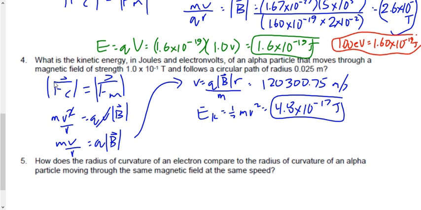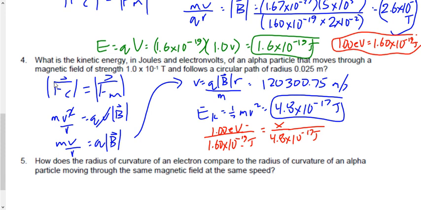So here's what I do. When I see a new conversion that I've never done before, I just set it up as a little bit of a ratio. On my data sheet, it tells me 1 electron volt is the same as 1.6 times 10 to the minus 19 joules. Just set it up as a fraction. This equals this. So if 1 electron volt is 1.6 times 10 to the minus 19 joules, then x electron volts is 4.8 times 10 to the minus 17 joules.